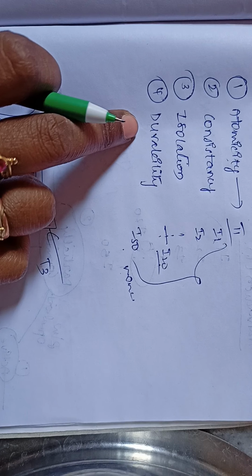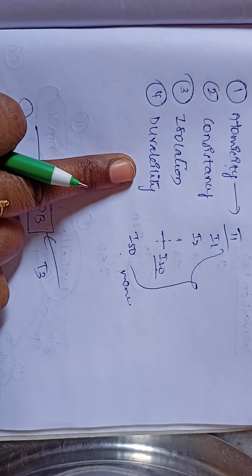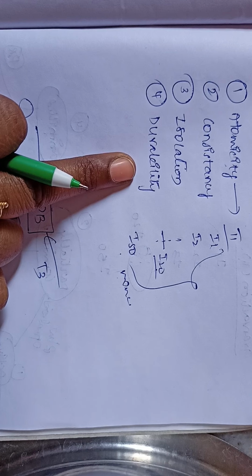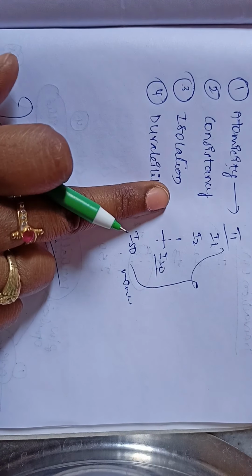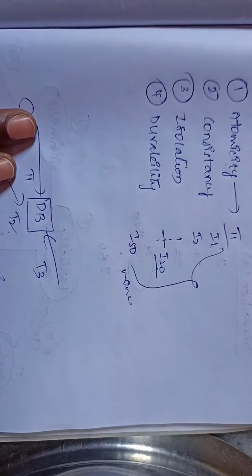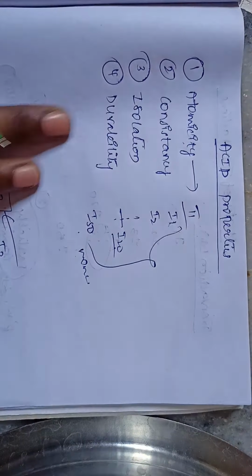And the component useful for the durability property is recovery management. And the isolation property works with your concurrency control techniques. So different kinds of techniques will be there for all these properties.